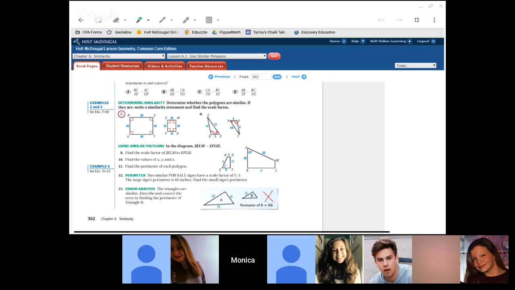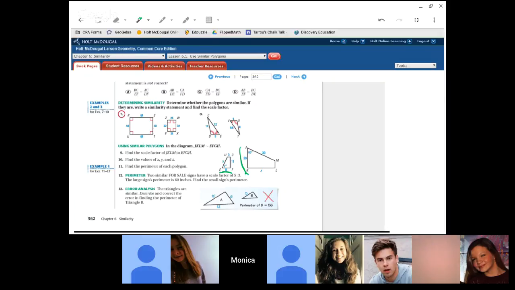You need to see which two sides you have measurements for on both figures, okay? So if you look at that, you can see that EF and JK would both be similar, right? EF here and then JK here, they would be the same side.